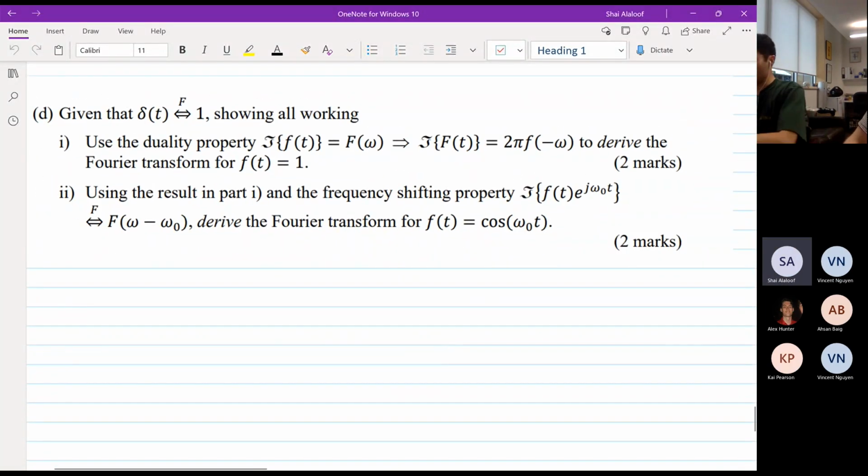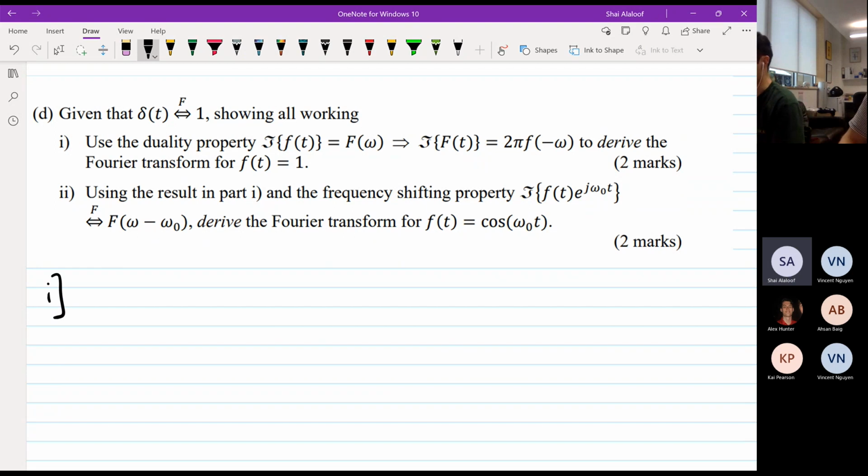So 2020 term 1. And it's got Dirac deltas, which is another thing that people are sometimes unsure about. So given that the Dirac delta function Fourier transforms to just 1, then use the duality property to derive the Fourier transform for f of t equals 1.